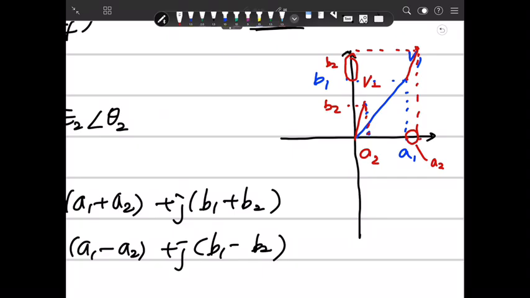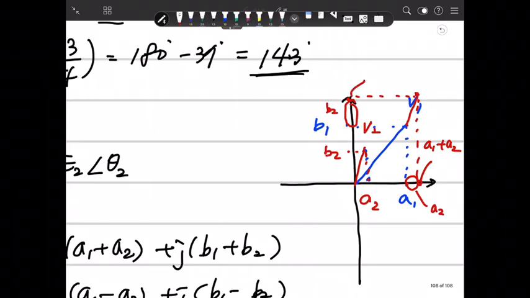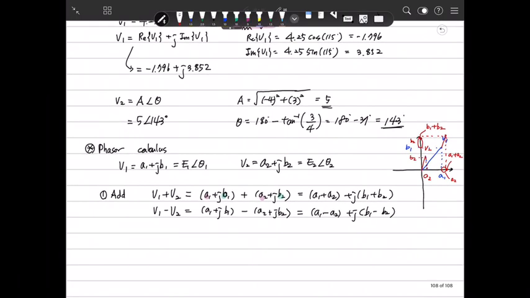The final value will have real part A1 plus A2 and imaginary part B1 plus B2. So the addition can be explained in the complex vector diagram of the complex plane. This is very important for understanding phasors and complex numbers.